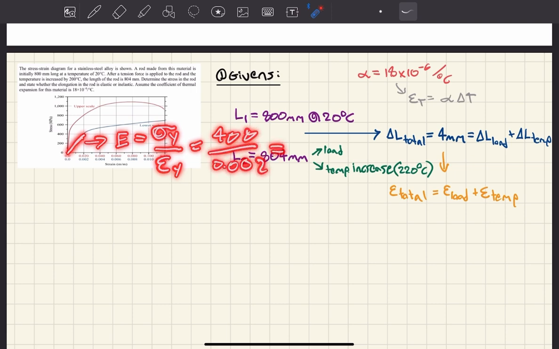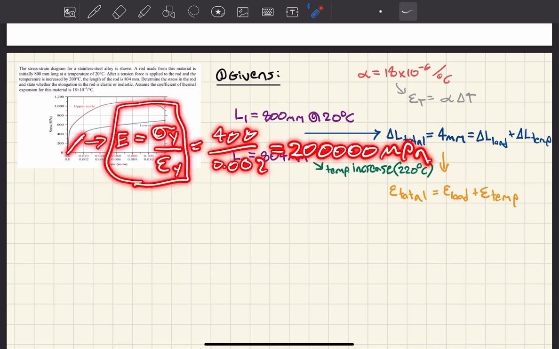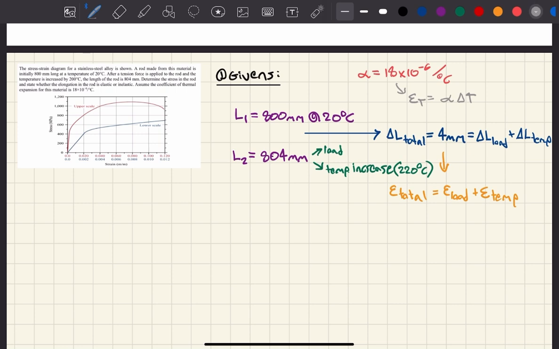If you do this calculation, you get an elastic modulus of 200 gigapascals, or 200,000 megapascals. So if we find that our stress is elastic, we can use this relationship to find one of our variables, but we'll get to that when we do. So we have an elastic modulus of 200,000 megapascals.